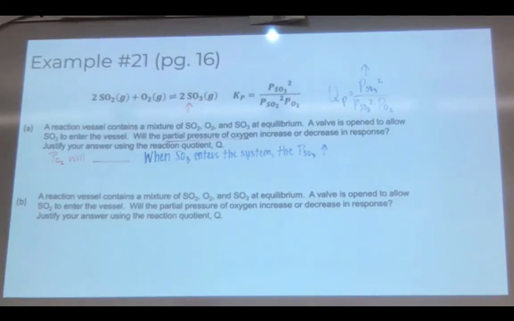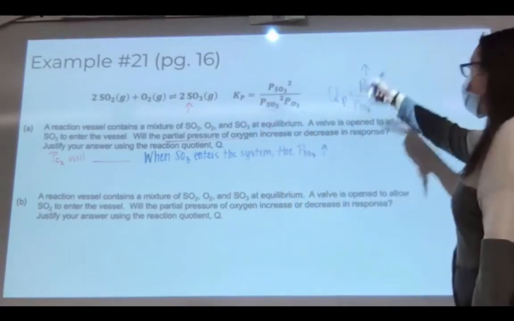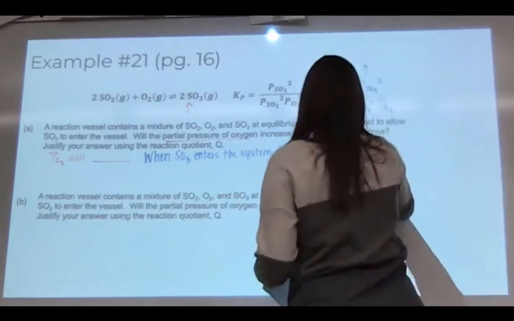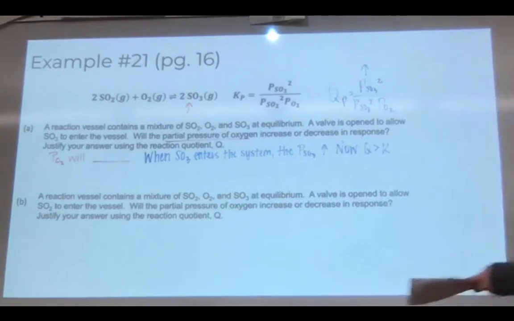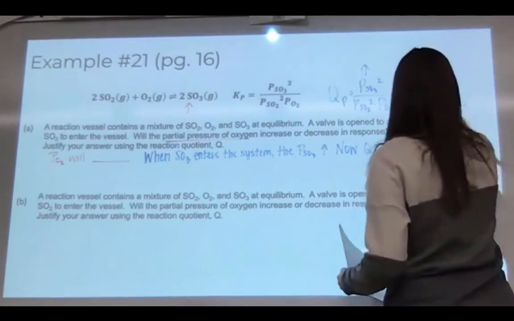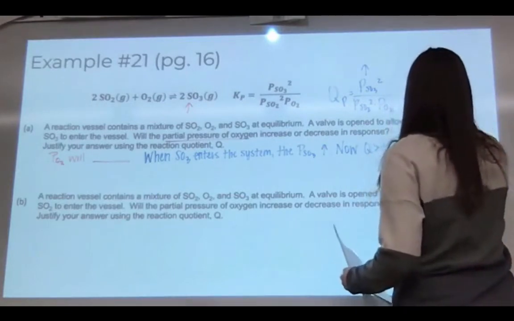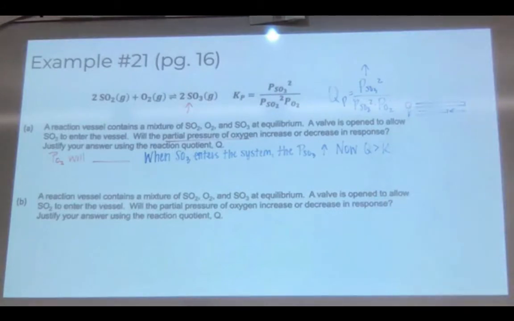You're increasing Q. So if it was at equilibrium, Q was equal to K. Now you've increased Q. So now Q is greater than K. So if Q is now greater than K, the reaction is going to shift in a way that makes Q equal to K again.